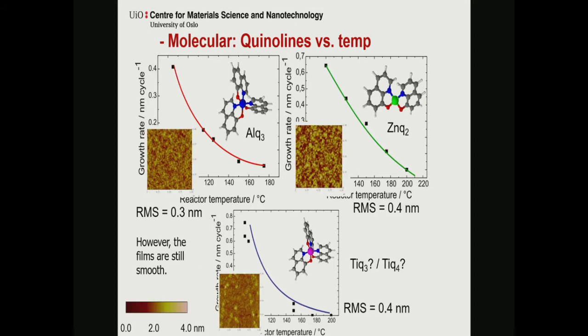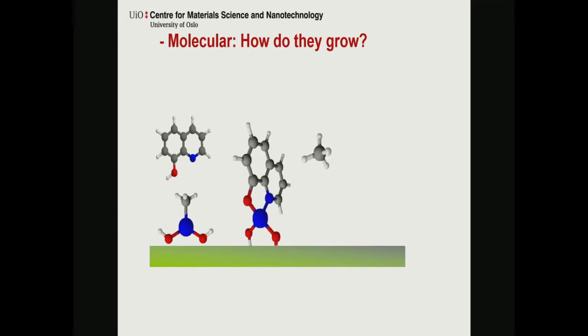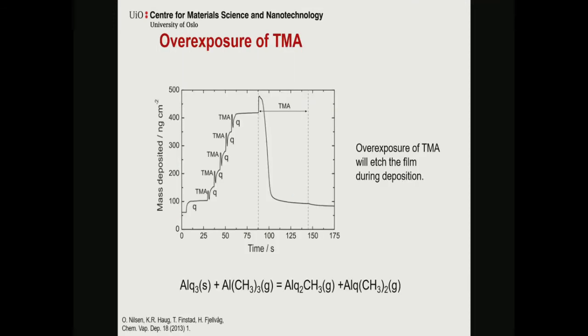Fairly low roughness. Anticipate that you get a trimethyl aluminium, that you get a reaction going on with that, and you have a part reaction that you then restructure when you get a new precursor in. Okay, that's it. But if you go in and look carefully at the growth itself, you find that for longer pulse times of trimethyl aluminium, it spikes.